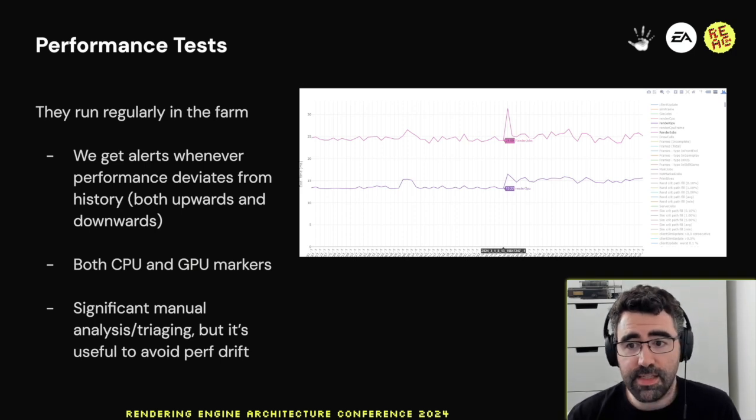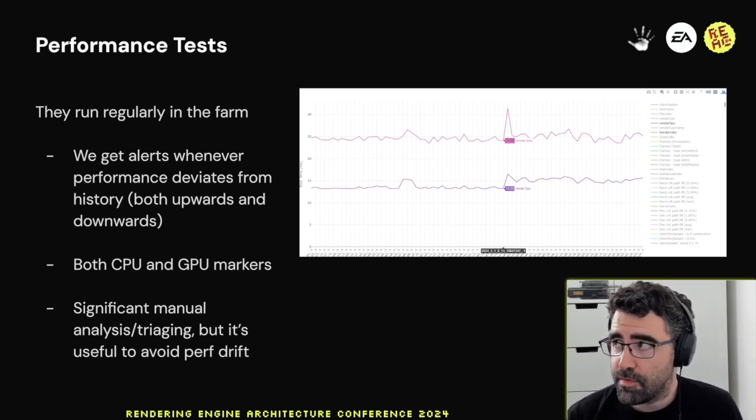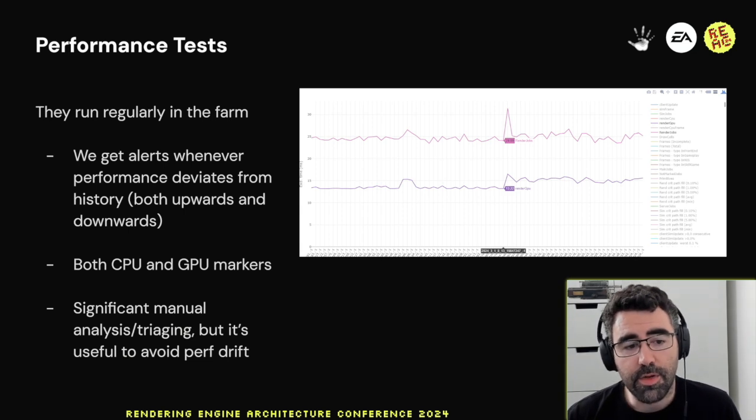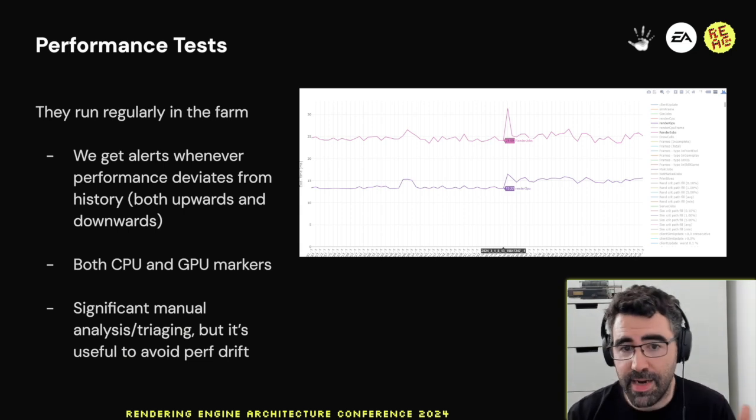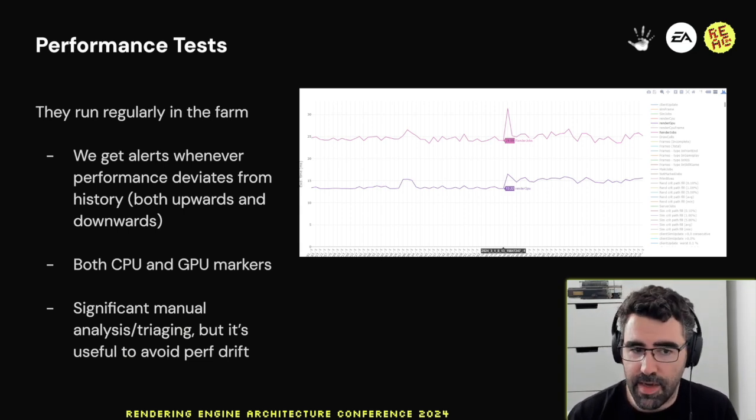So performance tests, these are very important. They're pretty new. We've only had them for a couple of years now. But what they do is that they keep running flybys of specific levels that we have, and they record a few minutes of gameplay and then take statistics of which things they have found, and they take CPU and GPU markers, and whenever something deviates from the history, we get an alert.